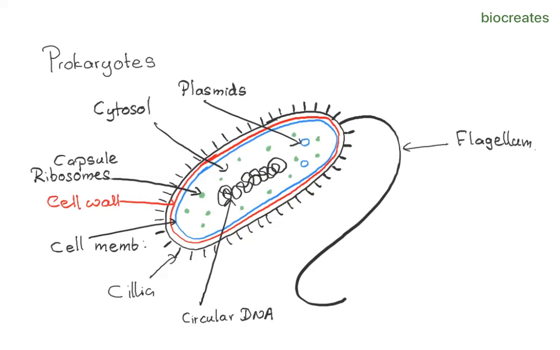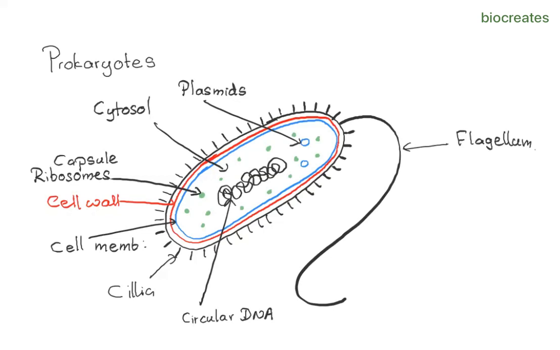If I summarize it, the prokaryotic cell has a cytosol, plasma membrane, cell wall, and a capsule. And then in the cytosol, they have a single circular DNA molecule that is their genetic material.